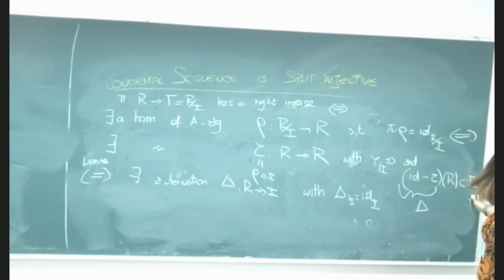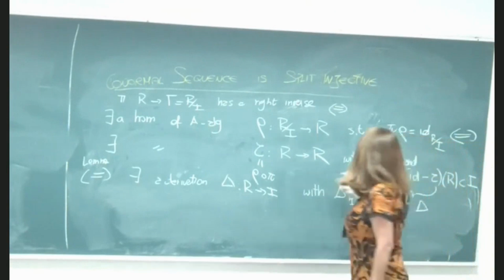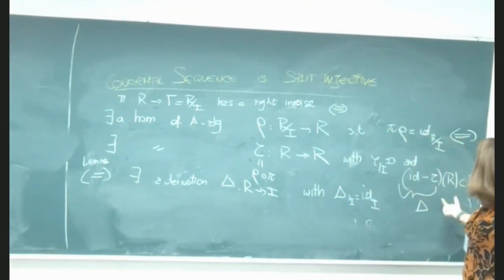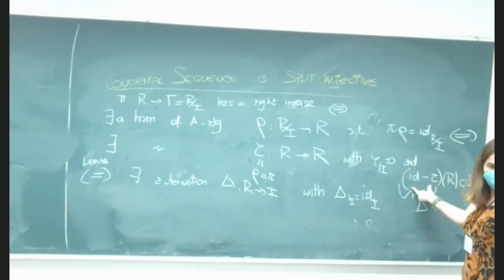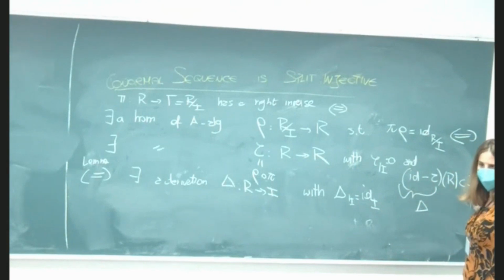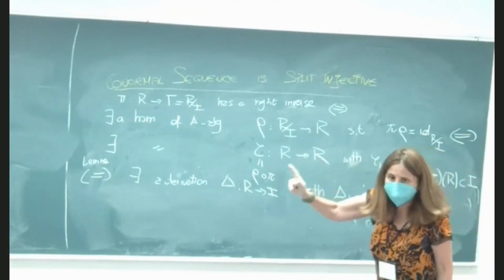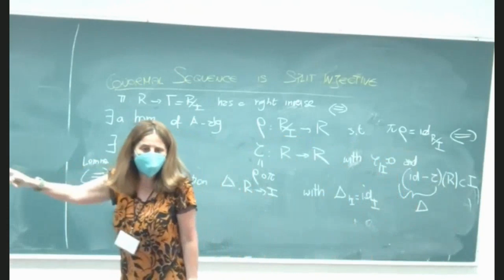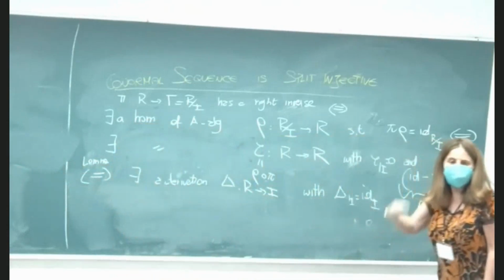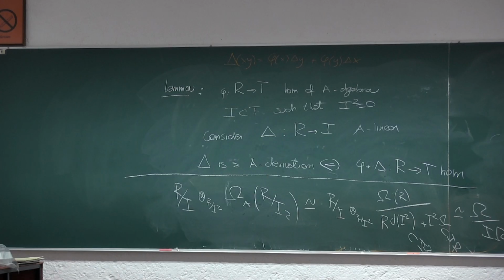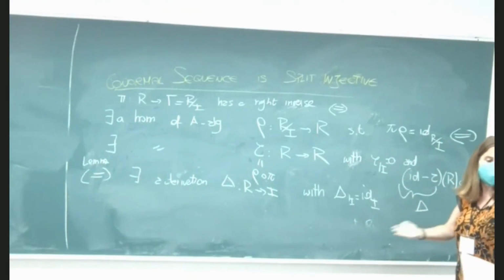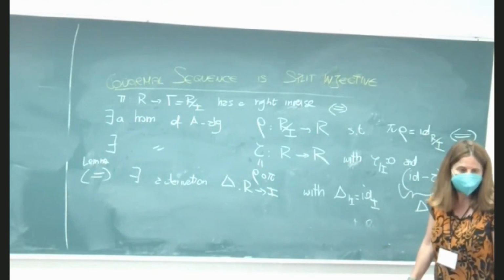Delta sends R to I. So delta is a linear map, because both of them are linear. It's a linear map, sends R to I. Okay. Now I want to show it is a derivation. And this is a derivation if and only if you add something that is a homomorphism. If you add a homomorphism, add the identity. Add tau if you want. This is a homomorphism. You get the identity, which is a homomorphism. So you're done. Okay?